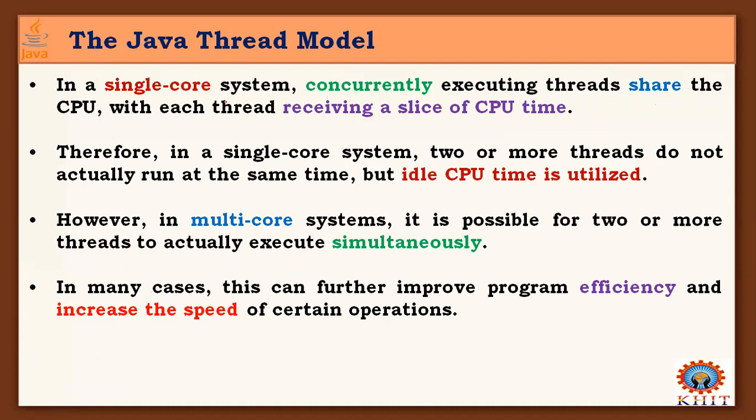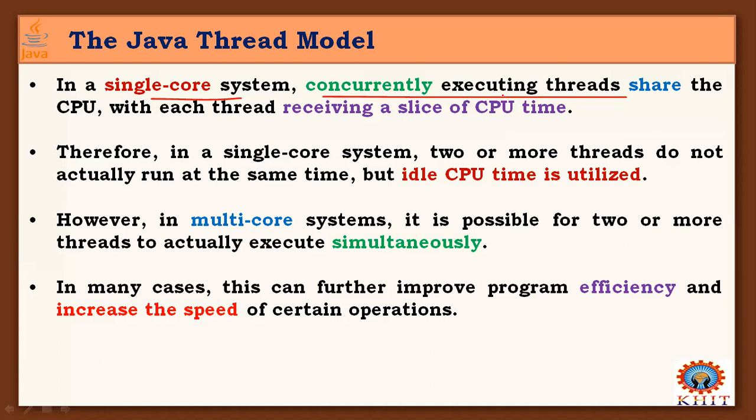Coming to a single core system, with concurrently executing threads, when we have a single core there is no parallelism or simultaneous execution. Only concurrent execution of the threads is allowed.